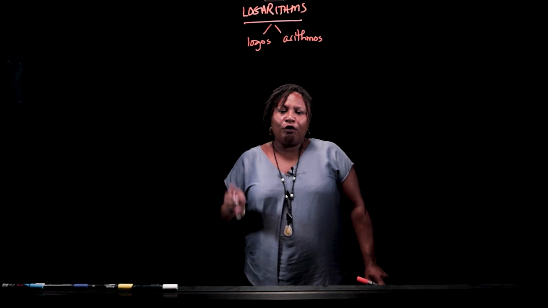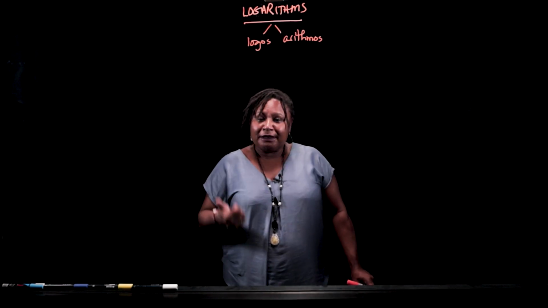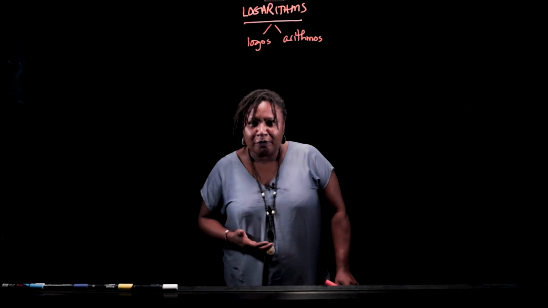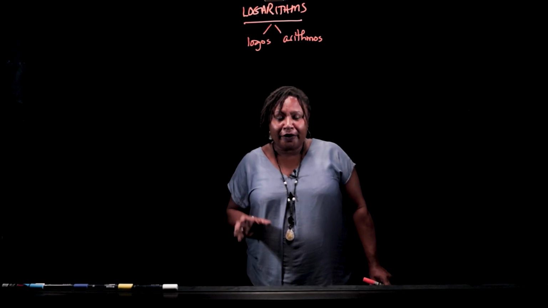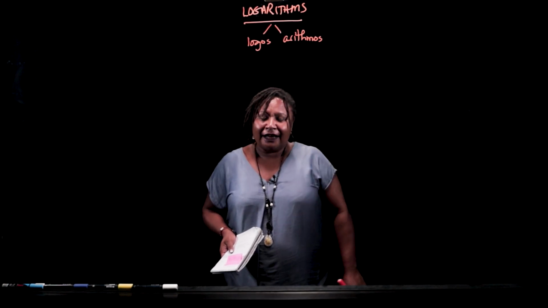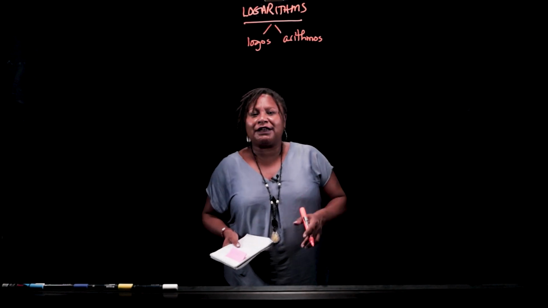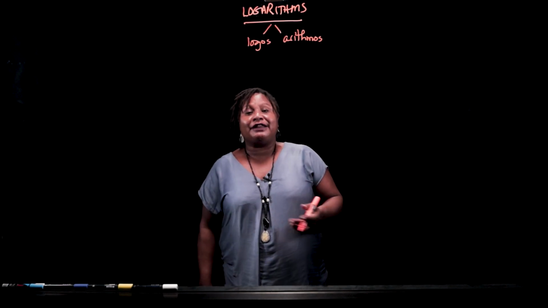Over time, logarithms have been used to simplify complex maths problems and to also compress large-scale scientific data. So we're going to look at what logarithms are and where they are used.